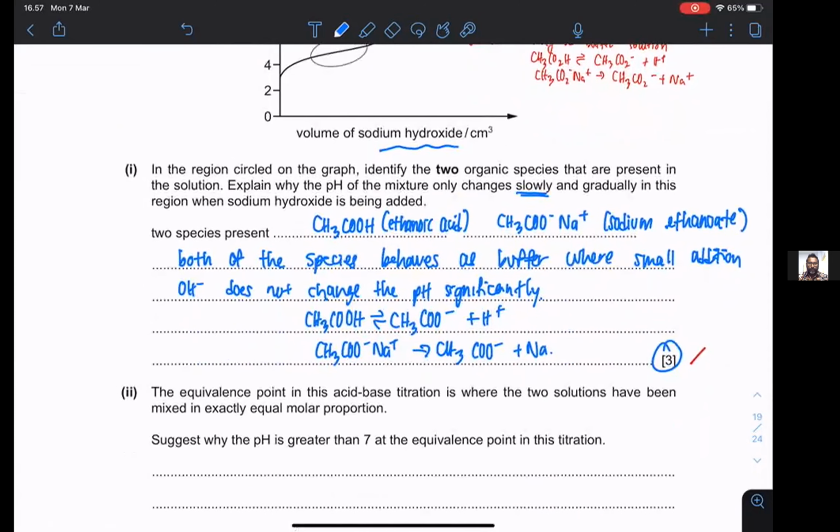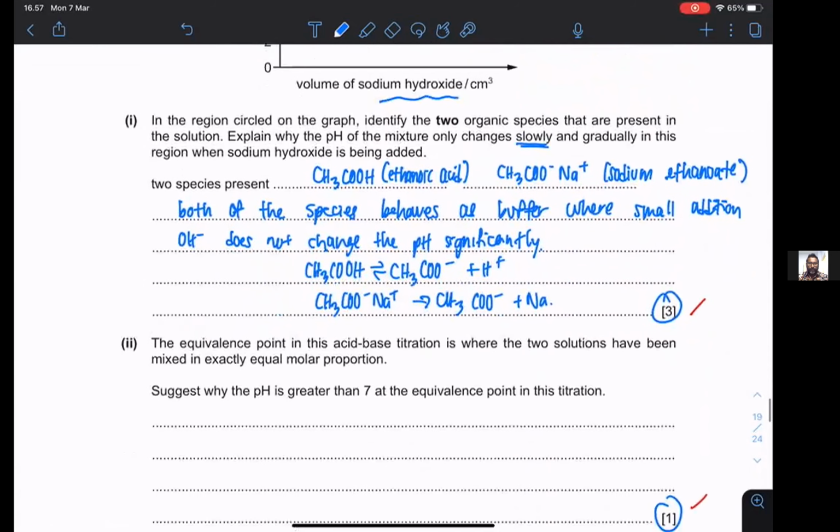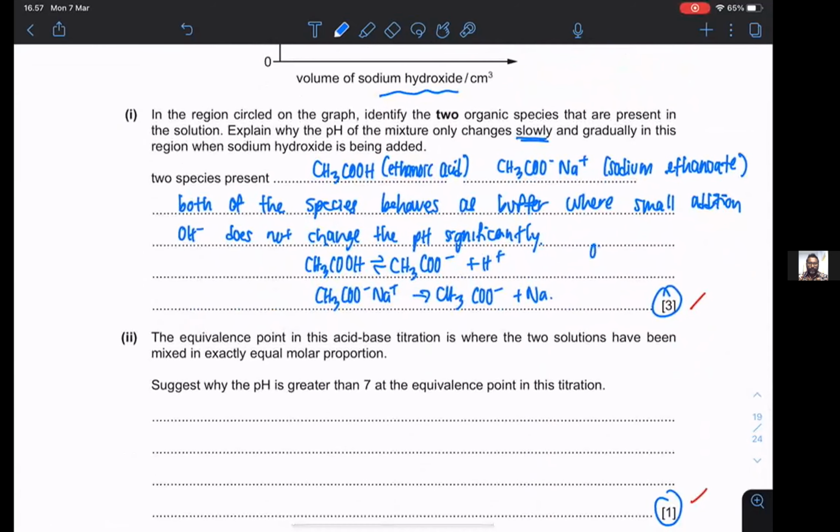When you add the OH minus, the OH minus is going to react with H plus. So the position of the equilibrium shifts to the right.